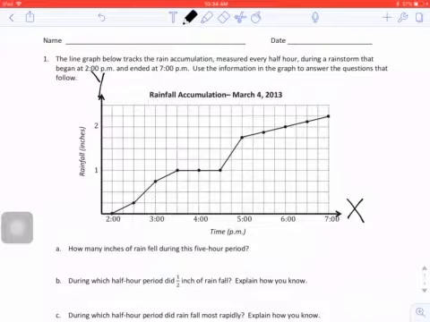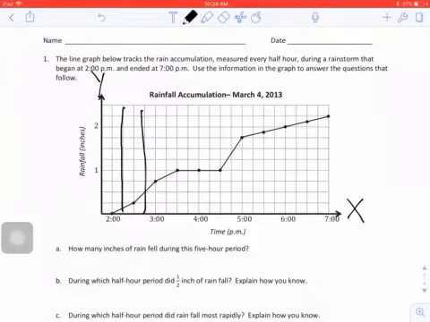Next, I kind of want to figure out what time is in between. Because if I look at the questions below, I know that I need to know what time each of these are. I don't really need to worry about these ones right here because, like they said, it's measured every half hour.